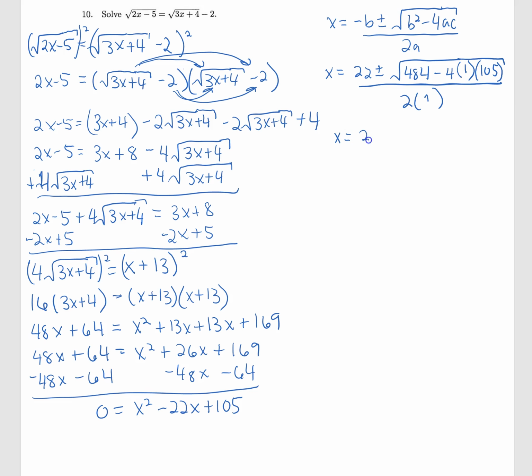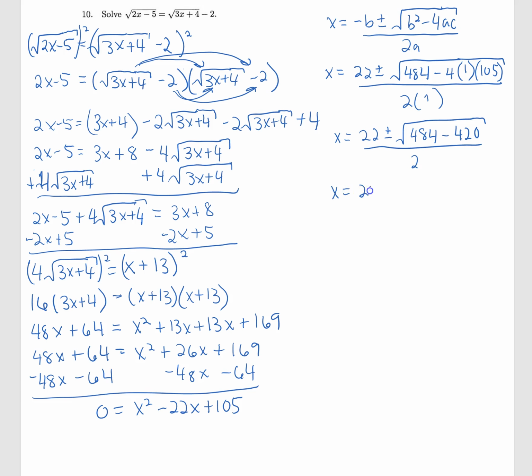So simplifying this, 22 plus or minus the square root of 484, and 4 times 1 times 105 ends up being 420. So minus 420 here. And that's over 2.